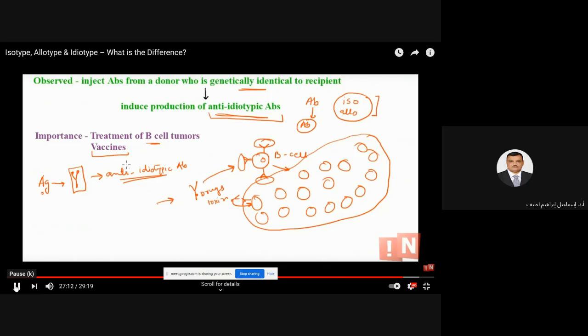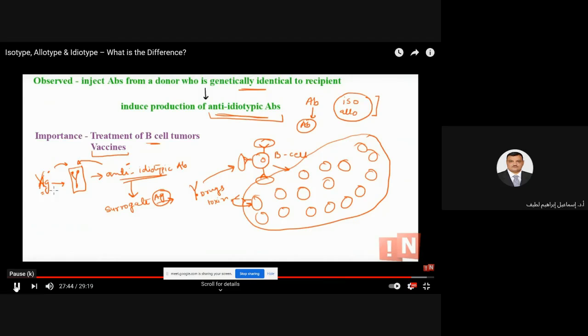So there will be similarities between this anti-idiotypic antibody and the antigen structure because they both can make a complex with this idiotype, right? So if I want to produce a vaccine, I would not need an antigen. I can directly produce the anti-idiotypic antibody, which could act as a surrogate antigen, which I can give to a patient, and the patient would think this is an antigen and will produce a specific idiotype against it.